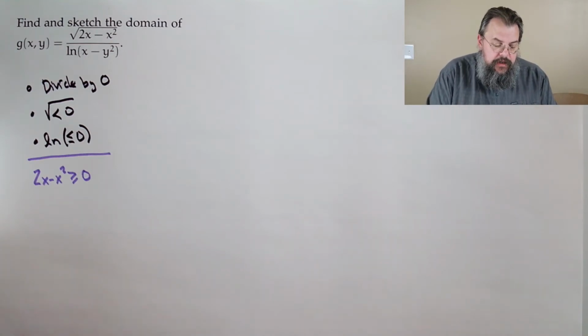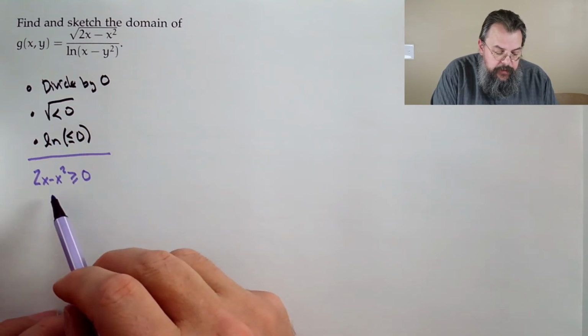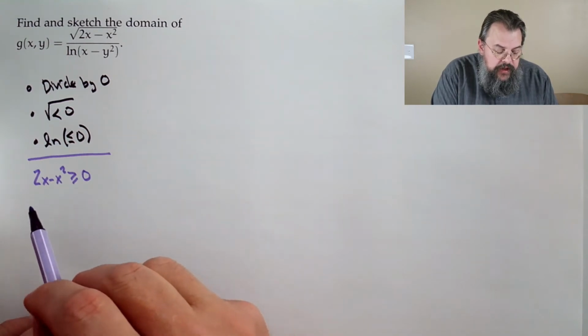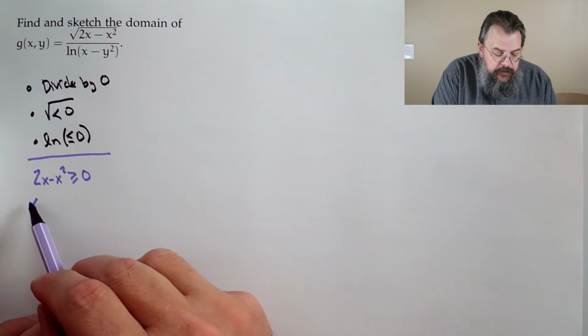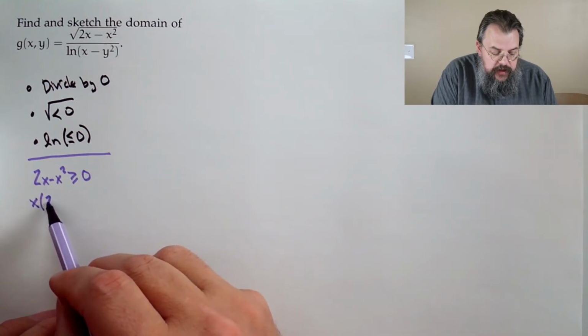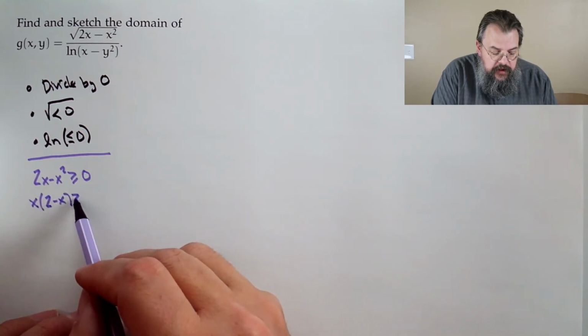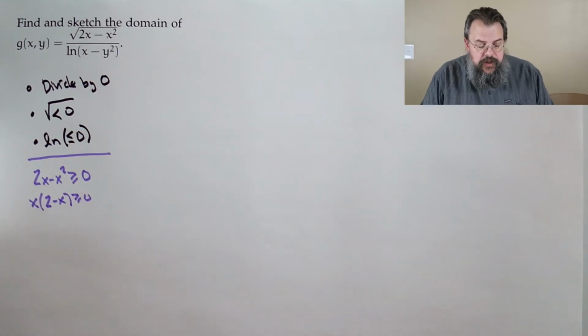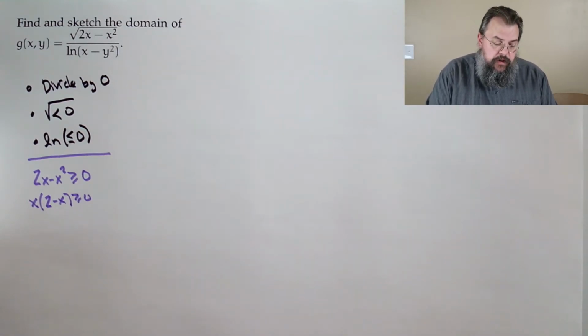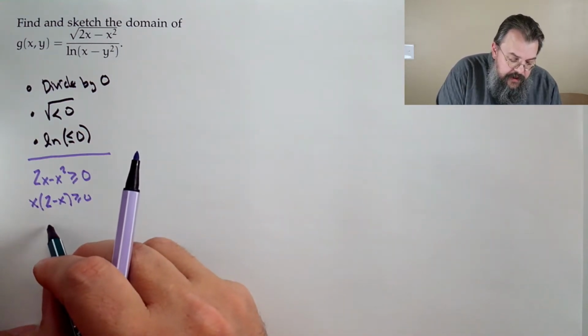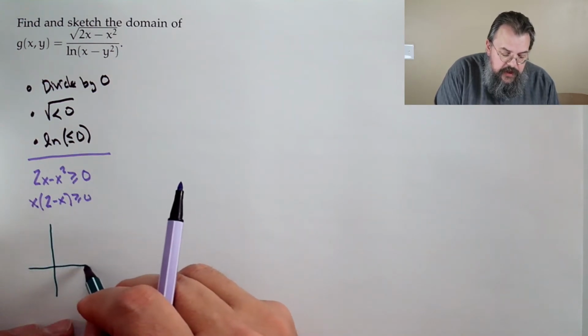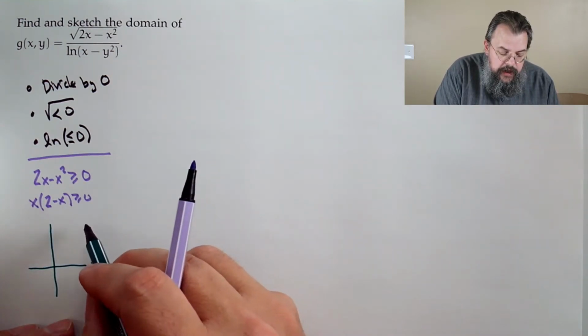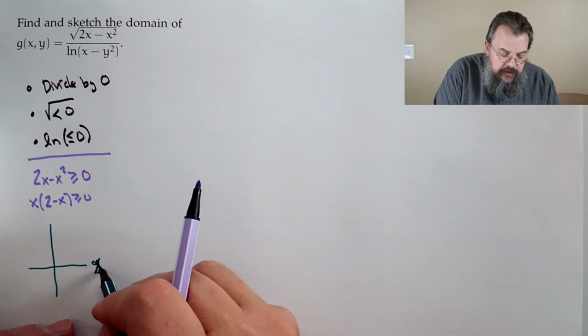Well, let's think about 2x minus x squared. Now you can actually see something here. If you factor this as x times 2 minus x, and you think of this as a function, I'm going to be a little careful here. Here's y, here's x.